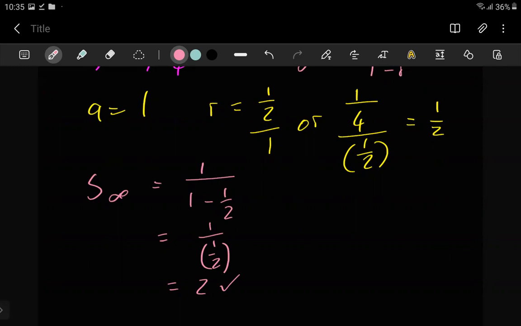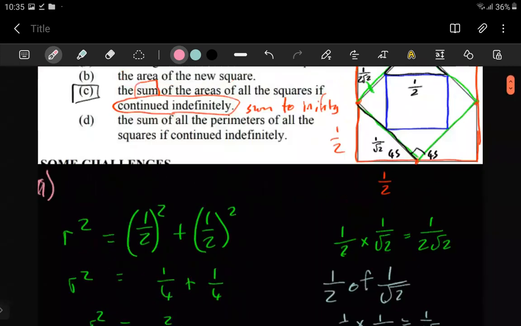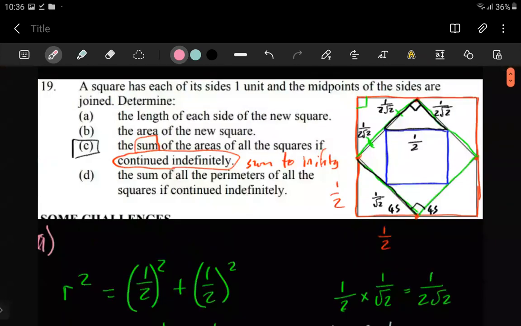Not bad at all. So with what we have realized, this next question says we should get D, which is the sum of all the perimeters of all the squares if continued indefinitely.